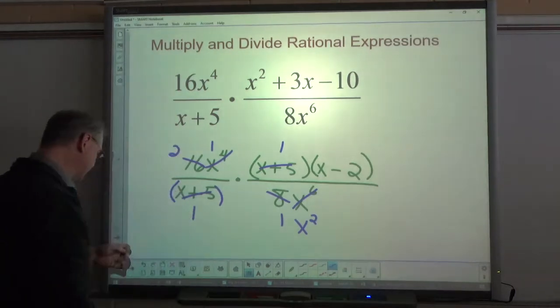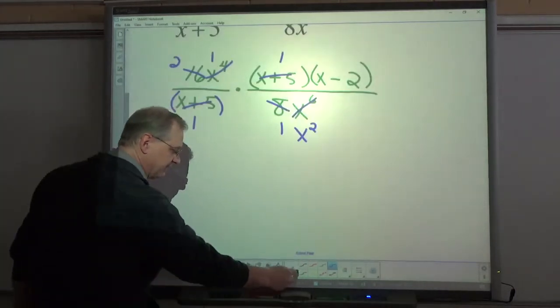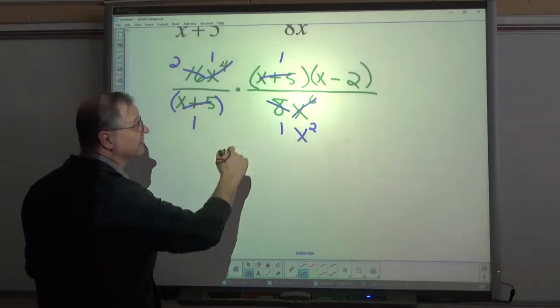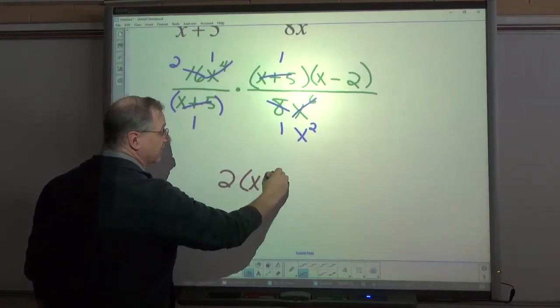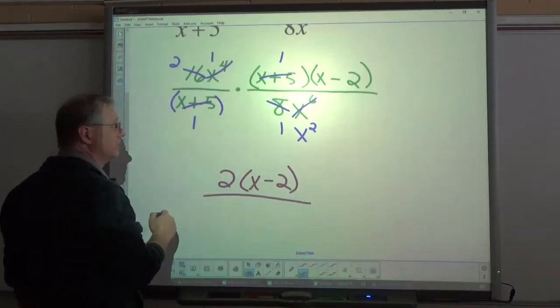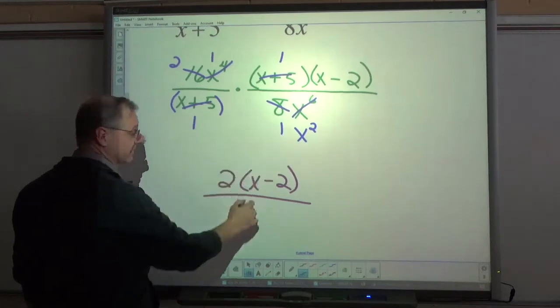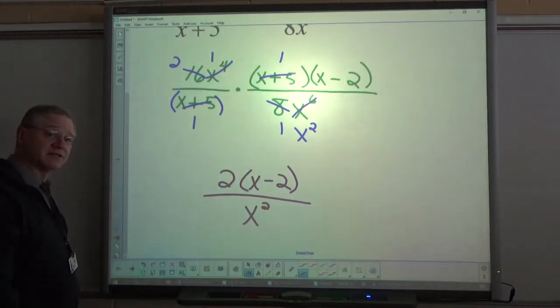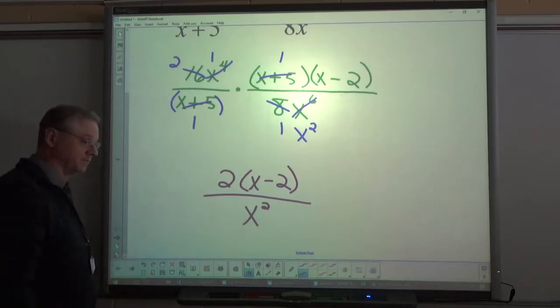I've done everything I can here, so my final answer here, on top I have a 2, everything else is 1s except for an x minus 2. On bottom, I have just x squared. And there's my answer, 2 times x minus 2 over x squared.